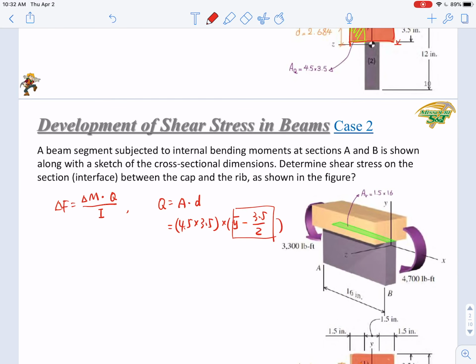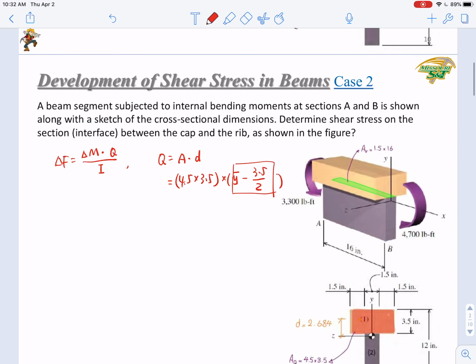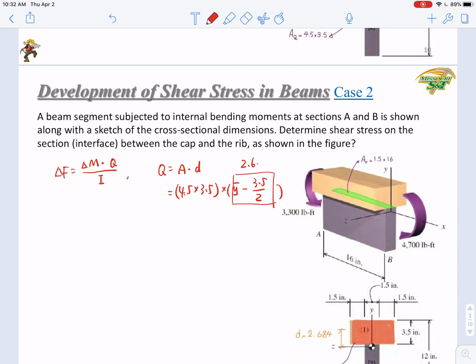So this value is 4.43 minus 1.75, right? So you got 2.68. Here the D will be 2.68, and the result of Q is 42.27 cubic inch.